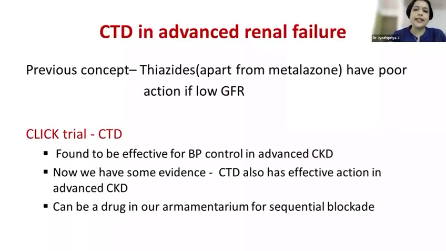They did this study in CKD stage 4, and they found that chlorthalidone is effective in controlling hypertension in advanced renal failure. So that means there is some evidence that chlorthalidone is effective in advanced CKD. Thus, we can consider this as one of the drugs in our armamentarium for sequential blockade as well.